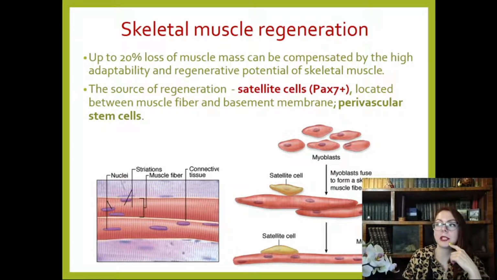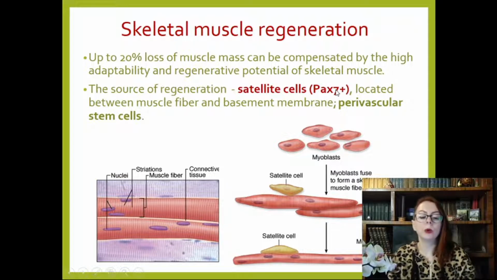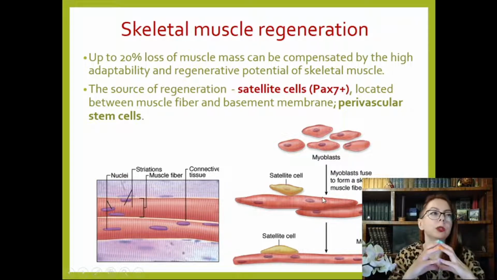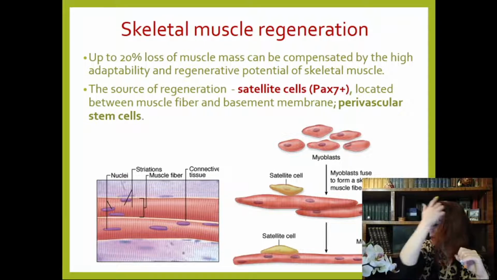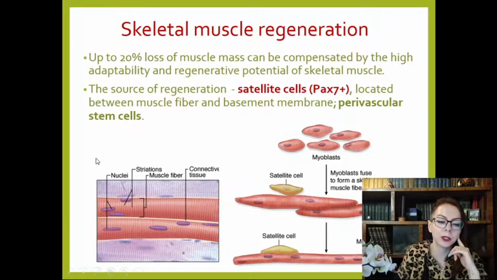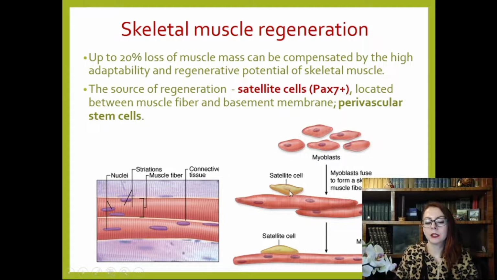In immunohistochemistry, it could be revealed with the help of anti-Pax7 antibodies. Also, muscle cells could be regenerated from the perivascular stem cells or pericytes, and they are also the source of smooth muscle cells.